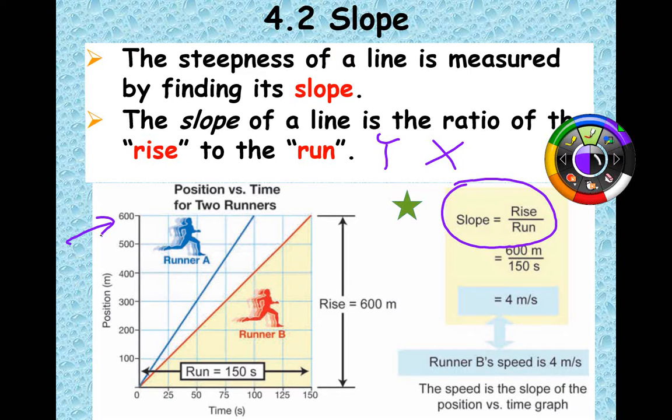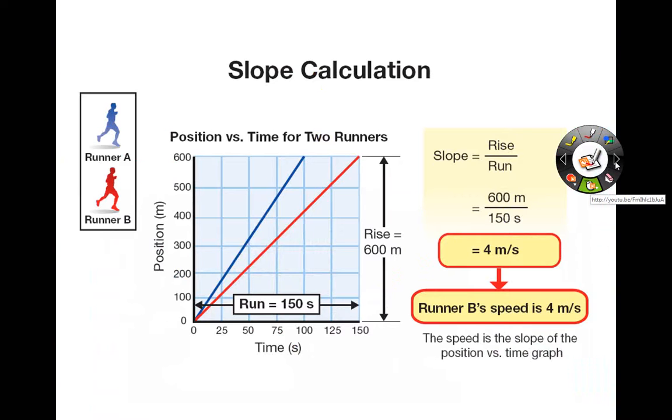My run, or my horizontal axis, is 150 seconds. I'm going to put these together. 600 meters divided by 150 seconds gives me a speed of 4 meters per second. The slope of the line in a position versus time graph gives you the speed. Here's another example of that.